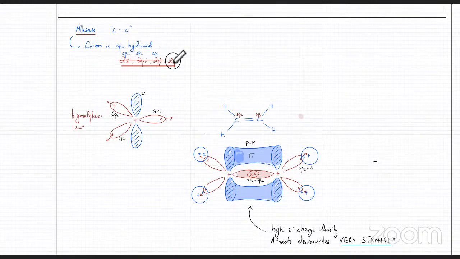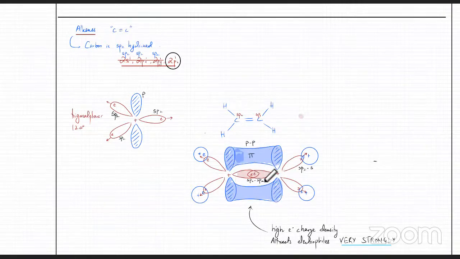Out of those 4 electrons, carbon ends up making 3 bonds, not 4. There's a 4th electron that is left in a p orbital. And that 4th electron would go on and form a pi bond. There would be electron density, there would be a double bond.